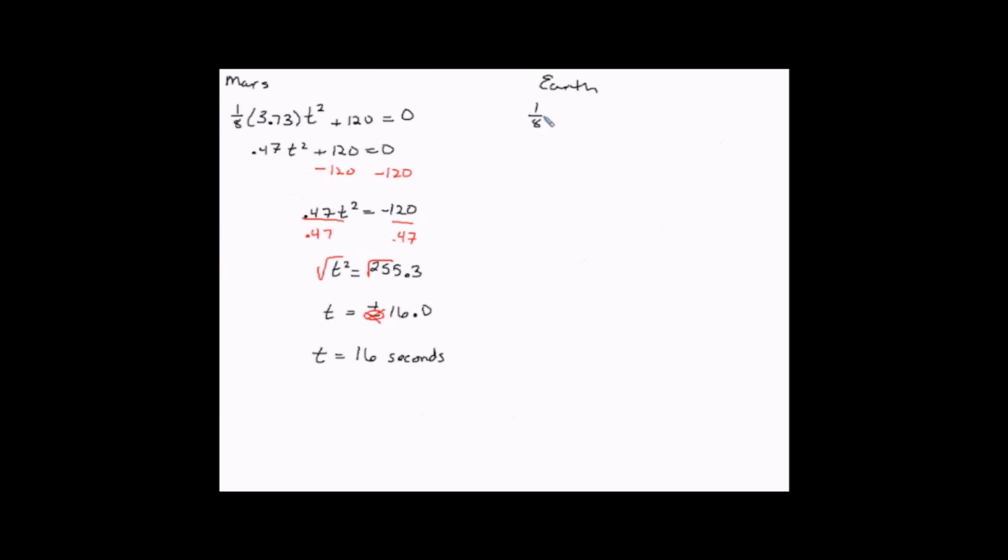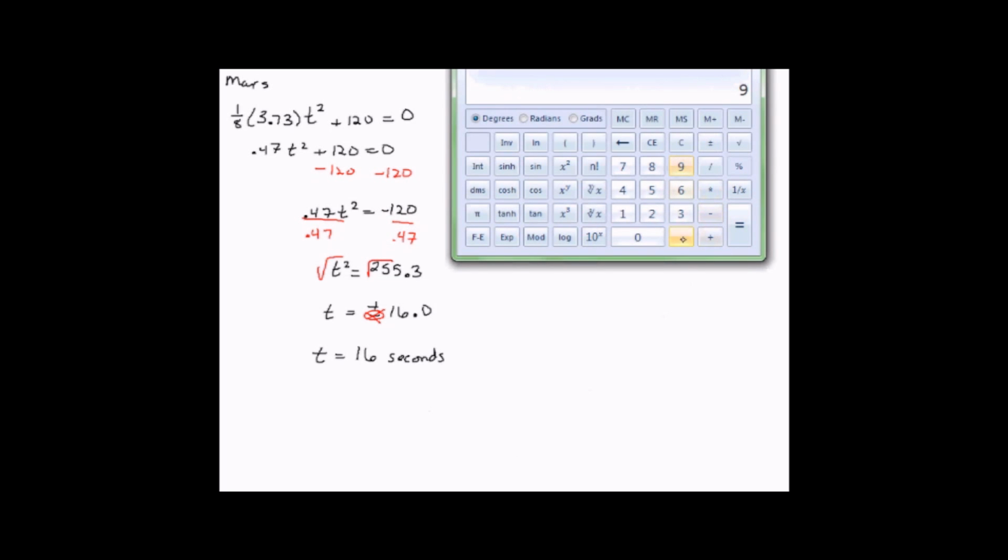So I'll take that 9.8 and divide it by 2 to get 4.9. I want this 120 to go away, so I'm going to subtract it from both sides. And I get 4.9 t squared is equal to negative 120.